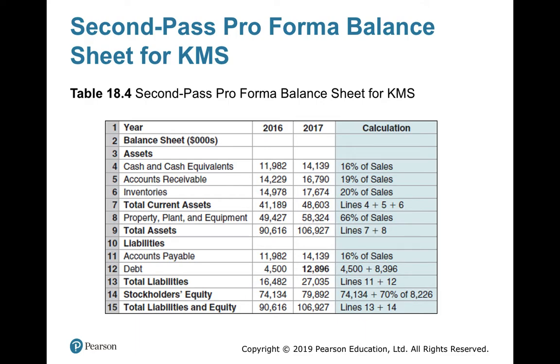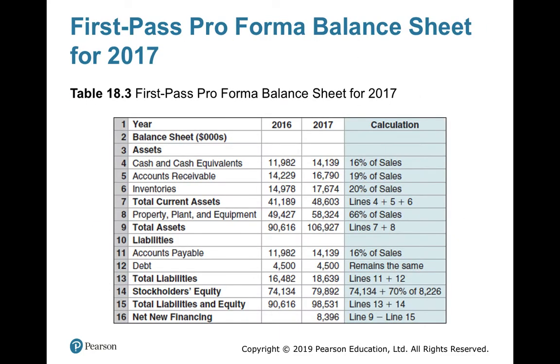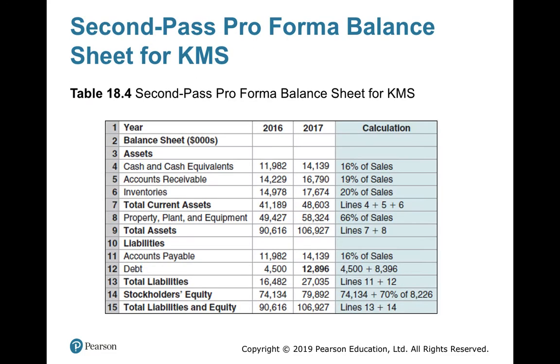Then how will the balance sheet look? Asset side as it is, 106,927. The debt will be now the old debt 4,500, which we kept as it is in line number 12. We will not keep it the same; we will add the new borrowing here. The 8,396 we will borrow as debt. Then our new debt will be 4,500 plus 8,396 equals 12,896.